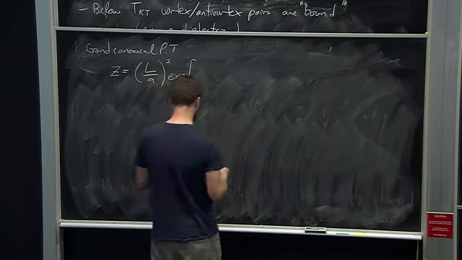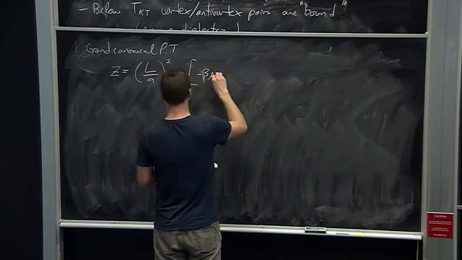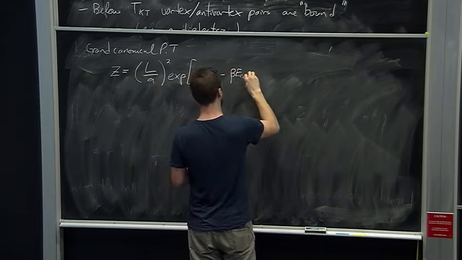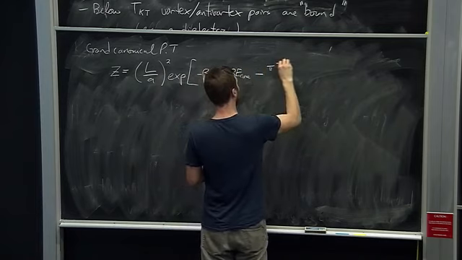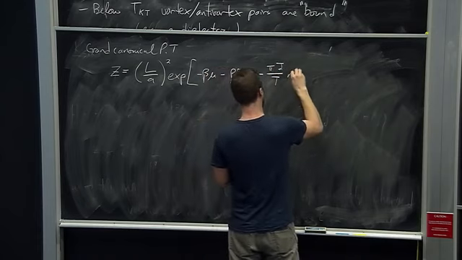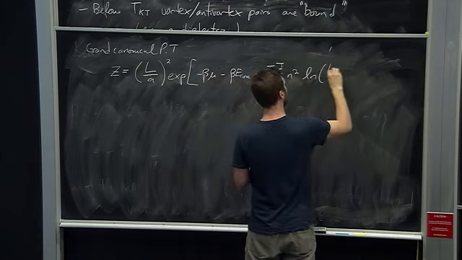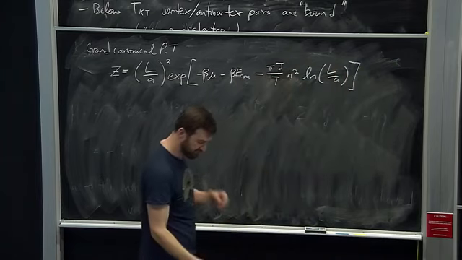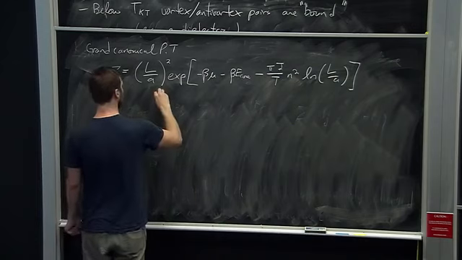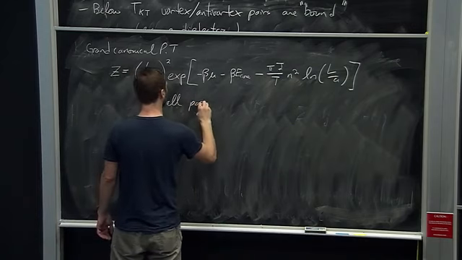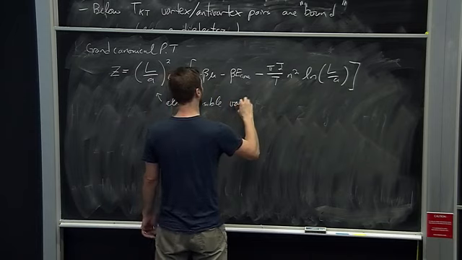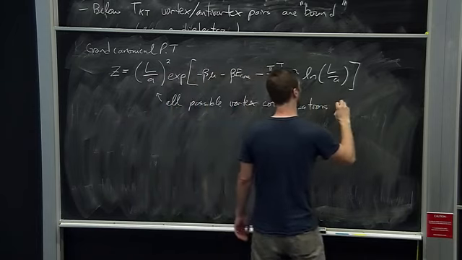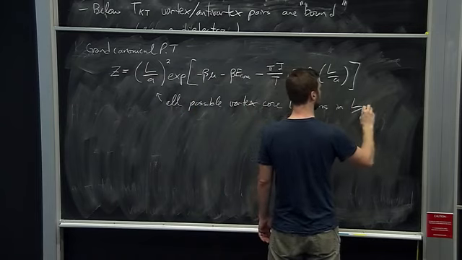So I have one chemical potential, I have one energy, and that's all possible vortex core locations in an L by L lattice.